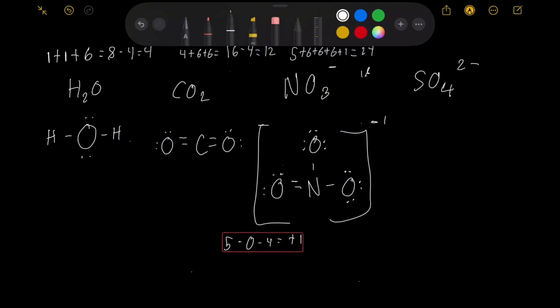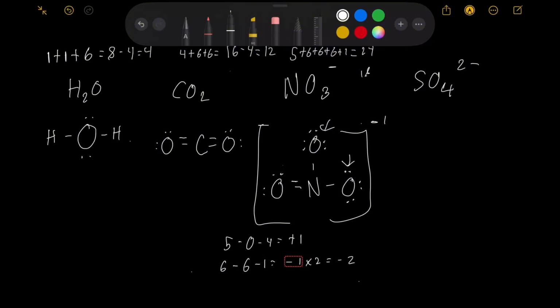Oxygen has 6. This oxygen right here, and these two, have 6 valence electrons, minus 6 non-paired, and they each have 1 bond. So this will equal -1. Since there's 2 of them, this will be times 2, which will equal -2.